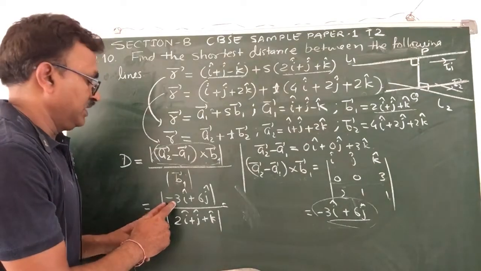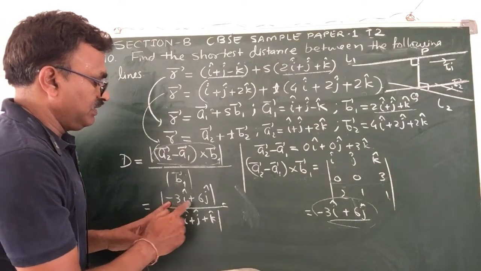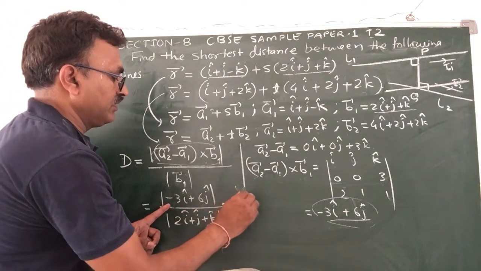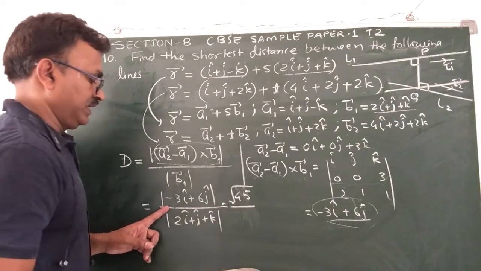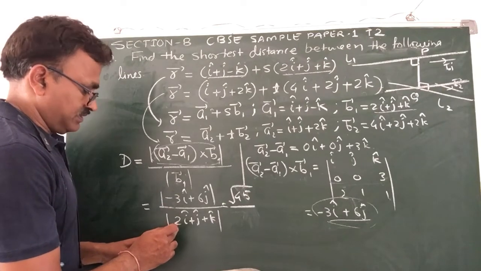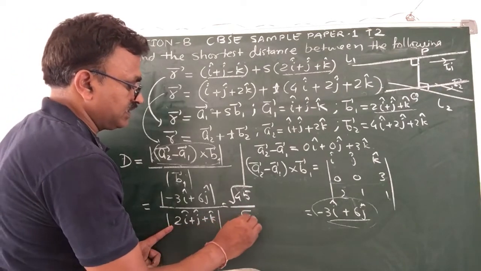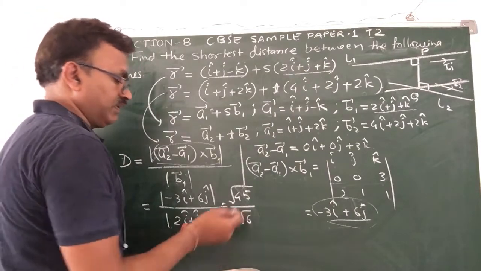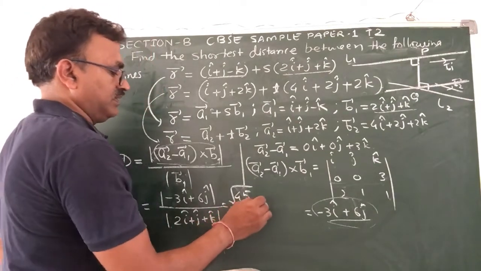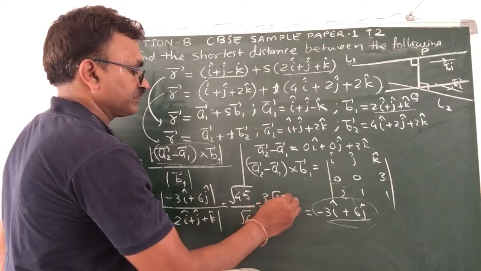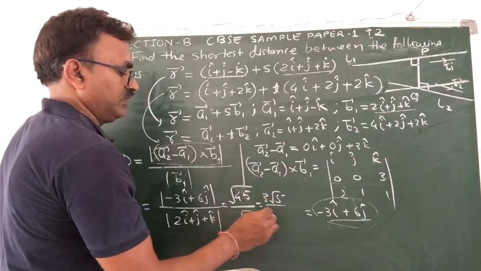So 9 plus 36 is 45, square root of 45, divided by root of 2 square plus 1 plus 1, which is root 6. Simplified, it is 3 root 5 divided by root 6.